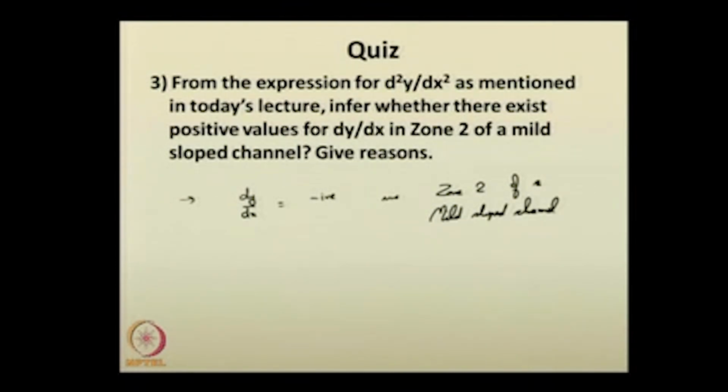In fact, for steep slope channels also dy by dx will be negative in zone 2. You can infer it on your own also, you can verify it. So, dy by dx will always be negative in such situations. So, there will not be positive dy by dx values.